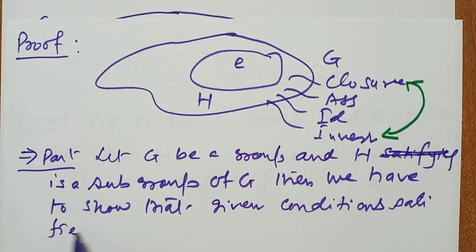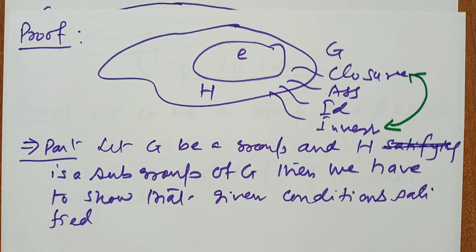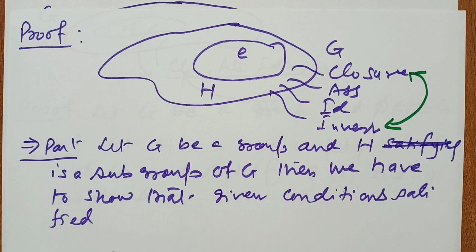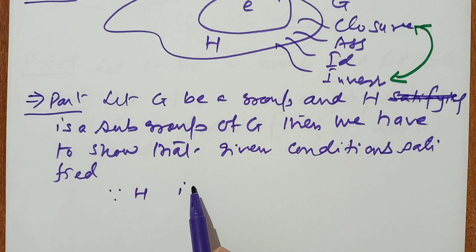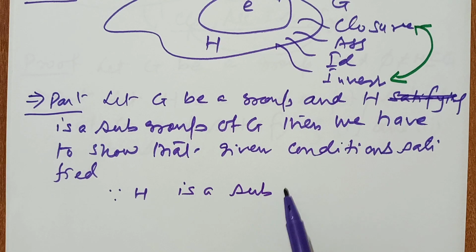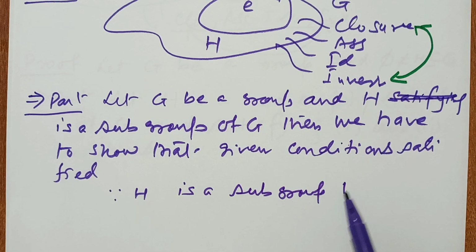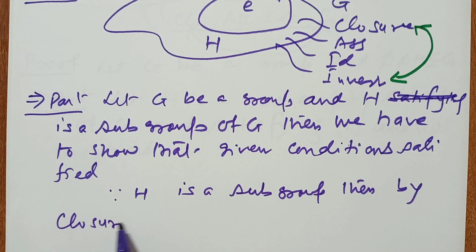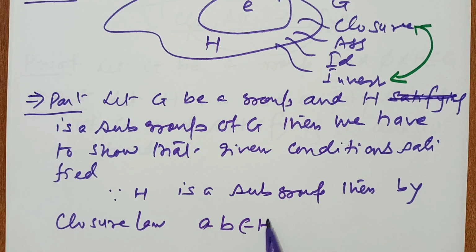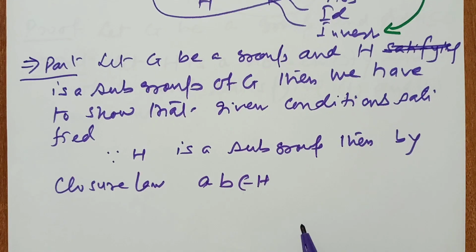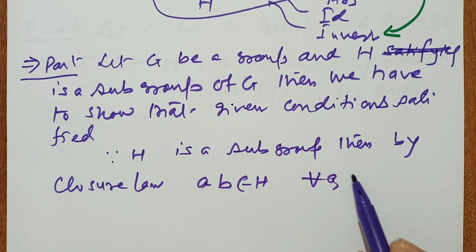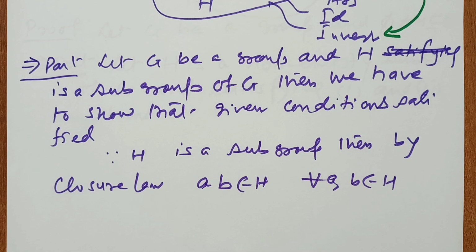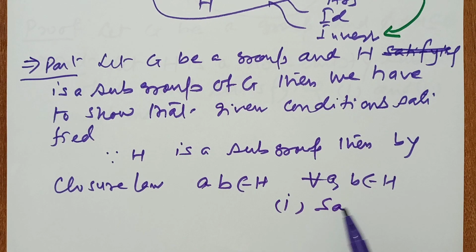satisfied. Okay, so since H is a subgroup, then by closure law, ab belongs to H for every a, b in H. Okay, means the first condition is satisfied.